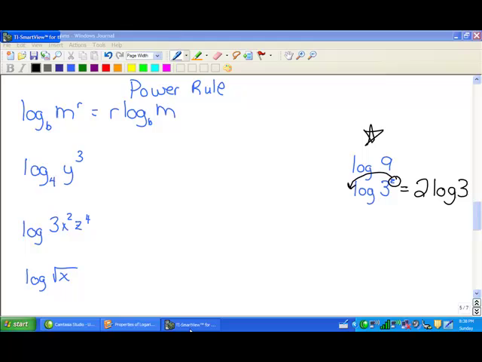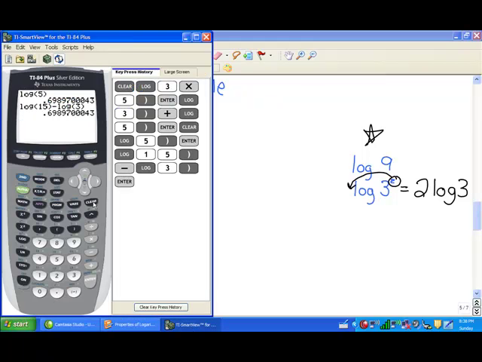Again, let's verify that on our calculator. The first thing we want to do is punch in the log of 9, remembering to close my parentheses, getting that value, and then also punch in 2 times the log of 3, and look at that value.